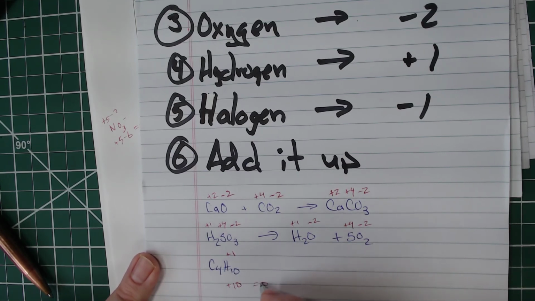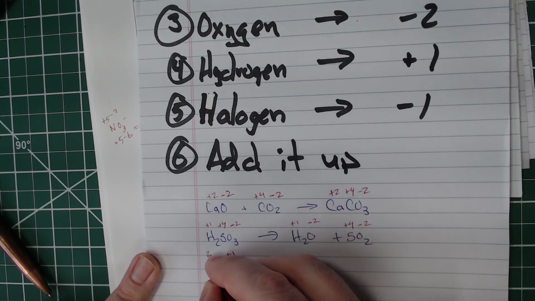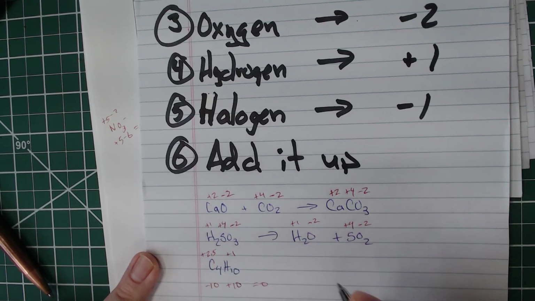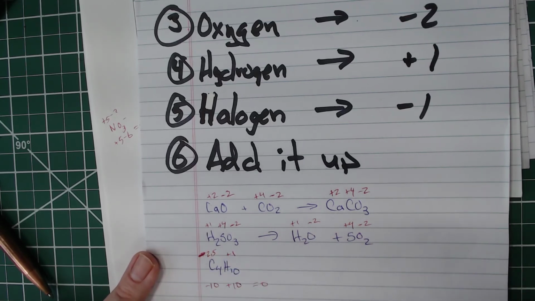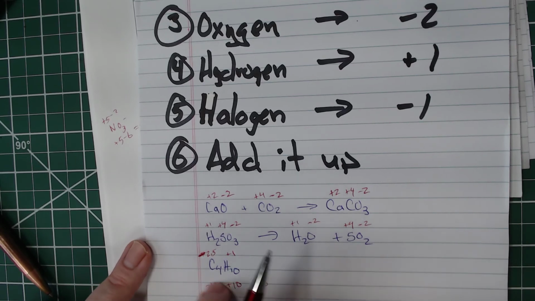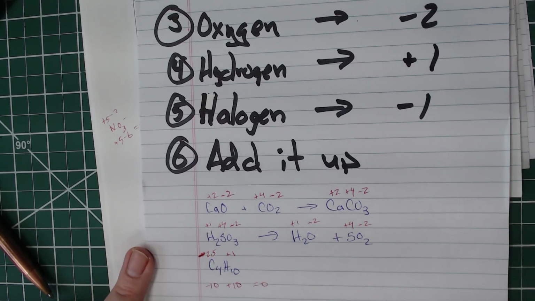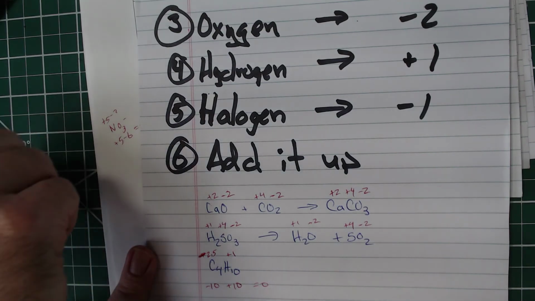And the whole thing comes out to 0. So this has to be -10, and -10 divided by 4 is negative 2.5. So the oxidation state of carbon in butane is negative 2.5?